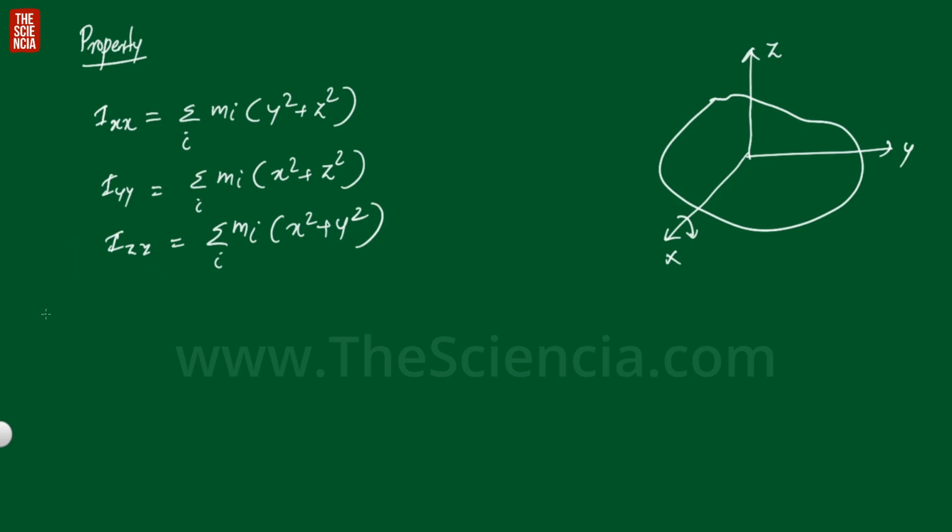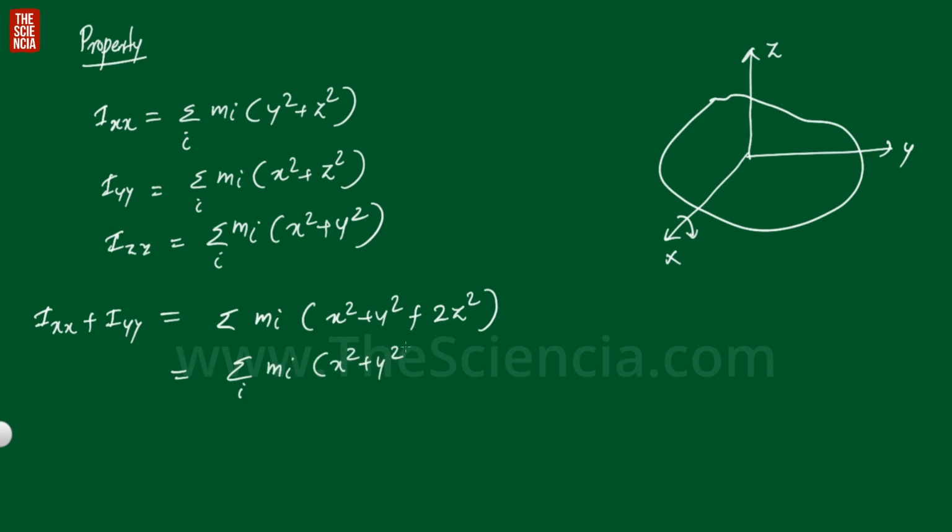Now I am adding Ixx plus Iyy. What do we get? Summation over i of mi into (x square plus y square plus 2z square). Right. Here I am rewriting, this is summation over i of mi (x square plus y square) plus summation over i of mi 2z square. Here this term is nothing but our Izz.